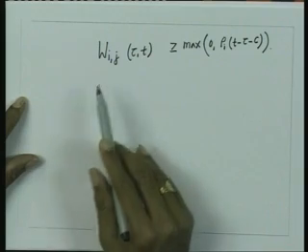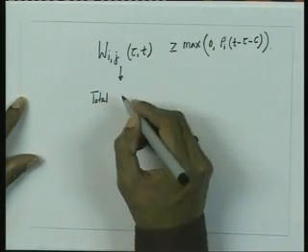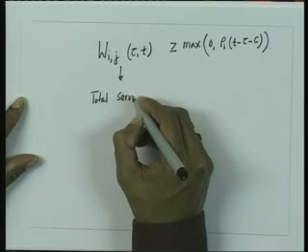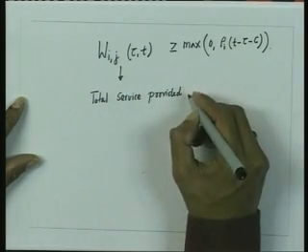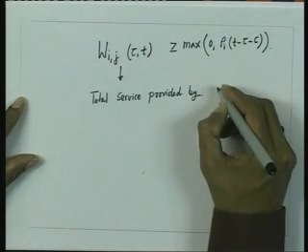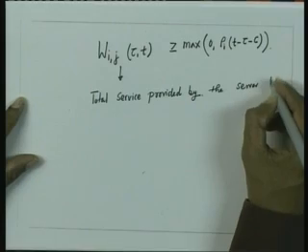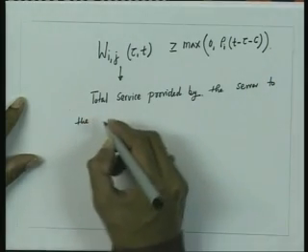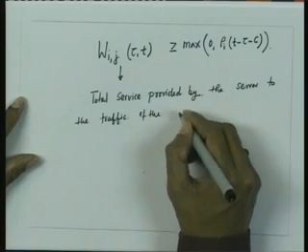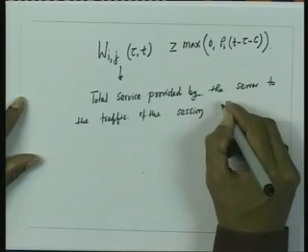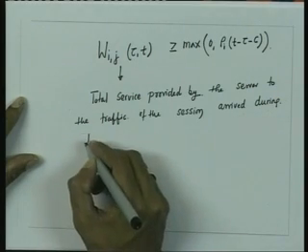Now this gives you total service provided by the server to the traffic of the session arrived during jth busy period.